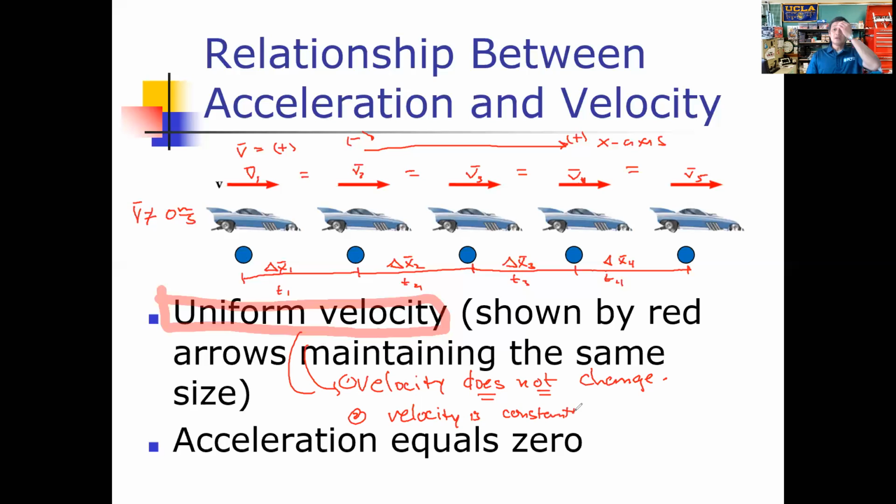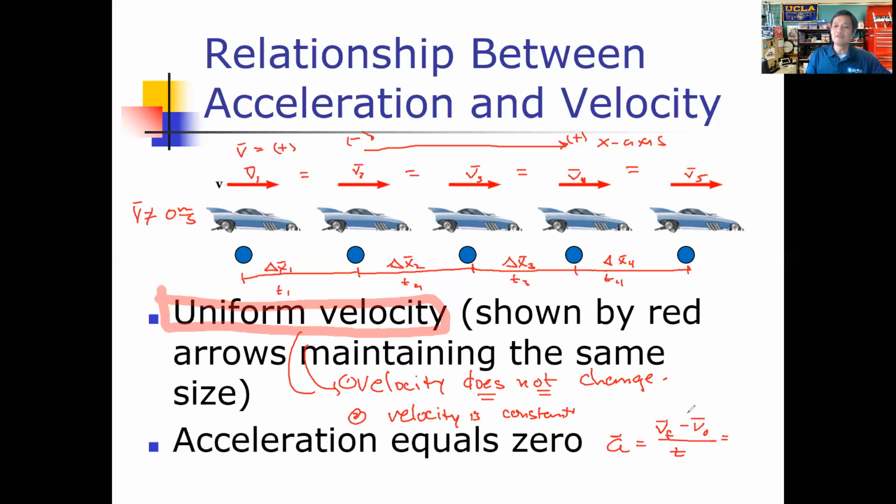All right. So with that said, if the velocity does not change, let's consider what happens to the acceleration. If the velocity does not change, that means the V final and V initial, regardless of what time interval it is, are going to be the same.